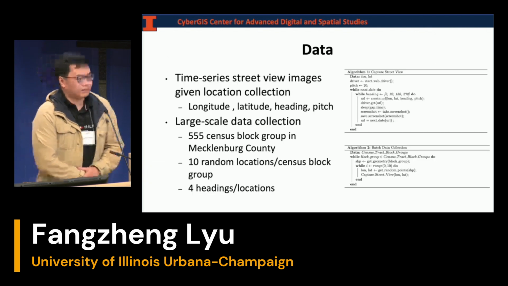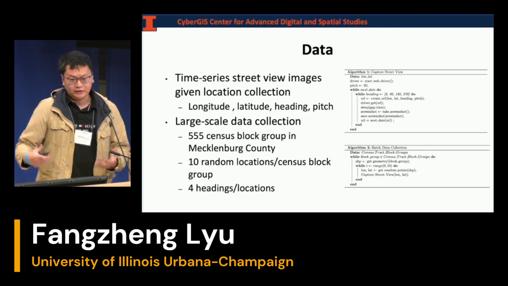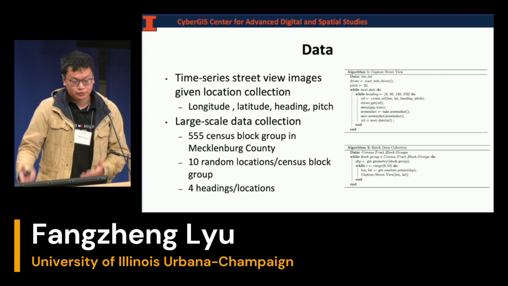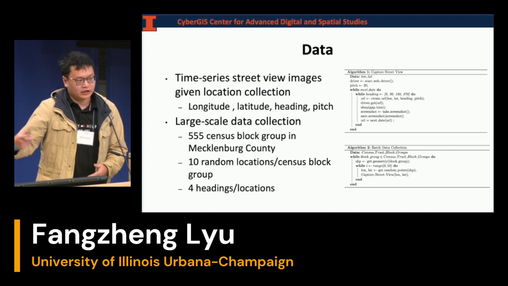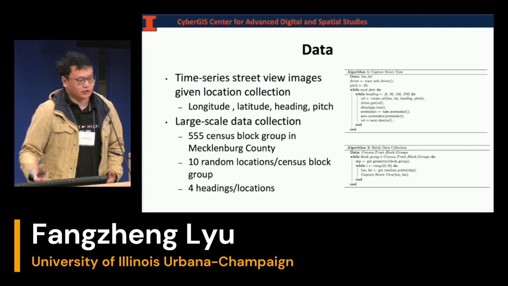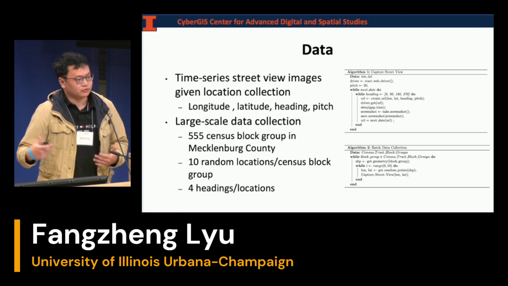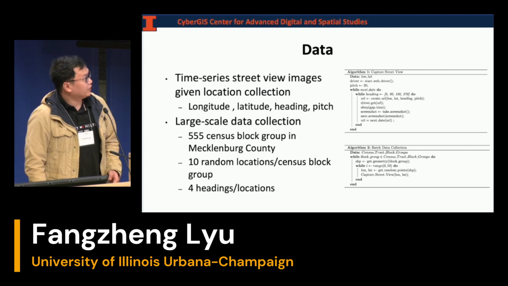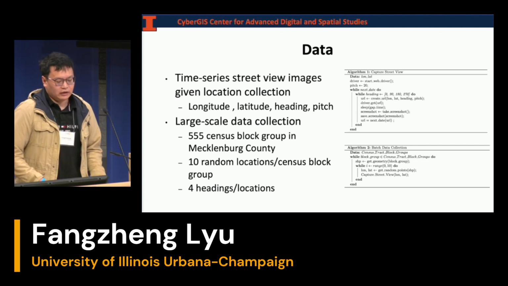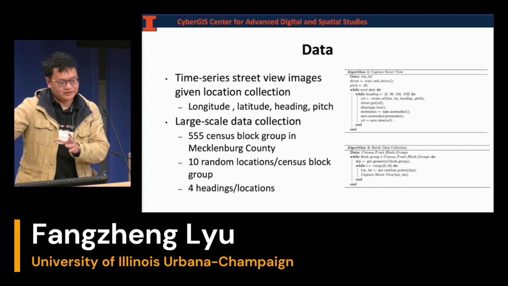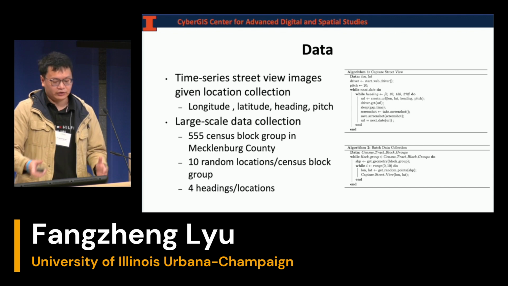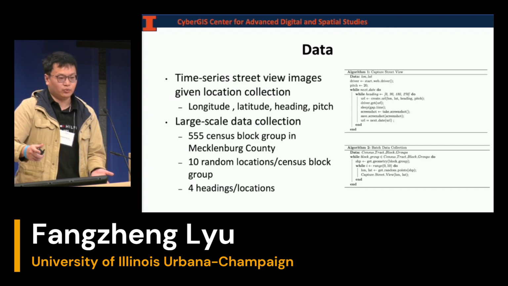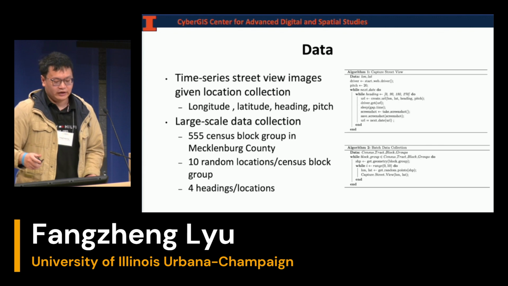Here we are doing the data collection. We want to collect large-scale street view images to decide whether we can use them for urban retrofitting detection. There are two major algorithms. The first is used to capture the street view with the input of longitude and latitude as a location, heading as where the camera is heading to, and also the pitch value.